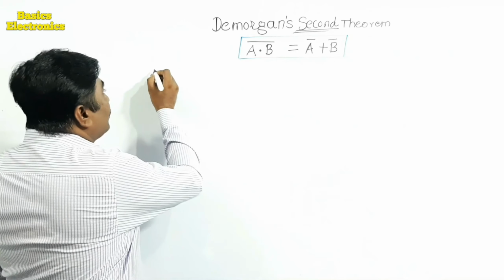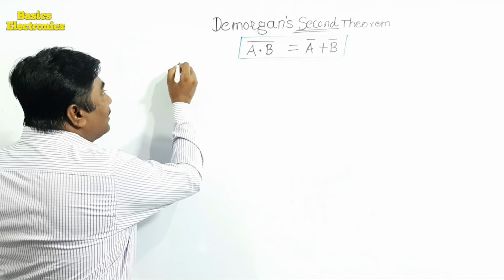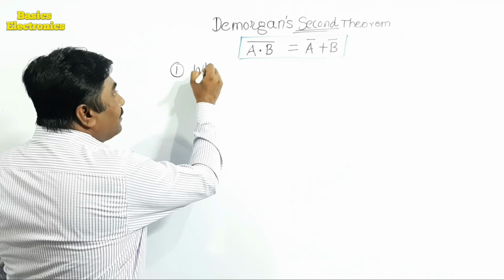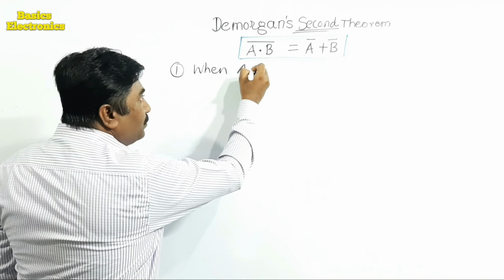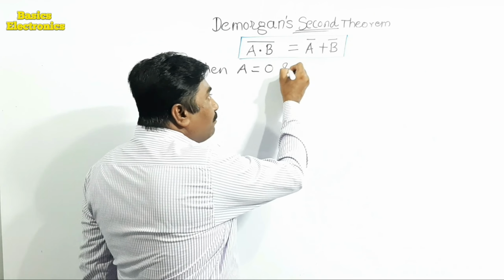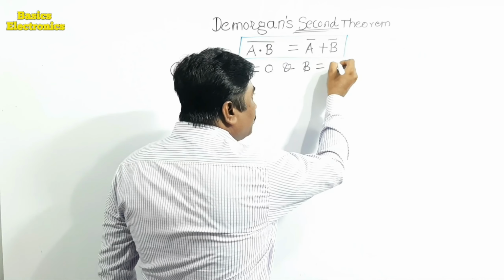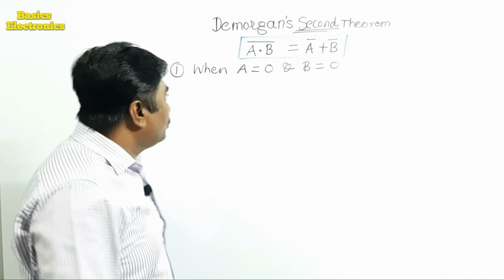The first combination is when A equals 0 and B equals 0. We use the first combination for the left hand side as well as for the right hand side, and it should be A equals 0 and B equals 0.